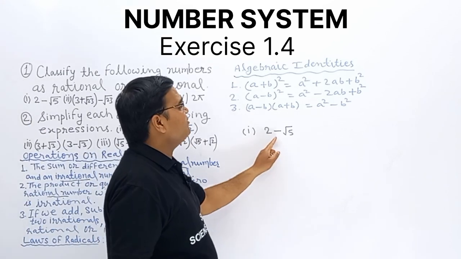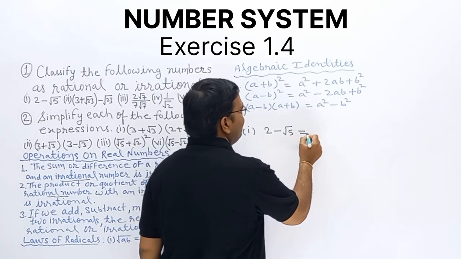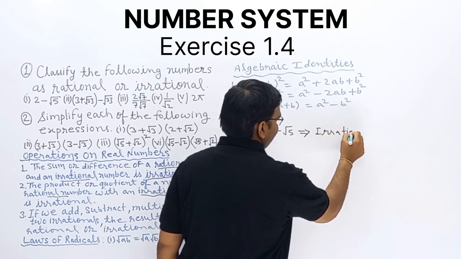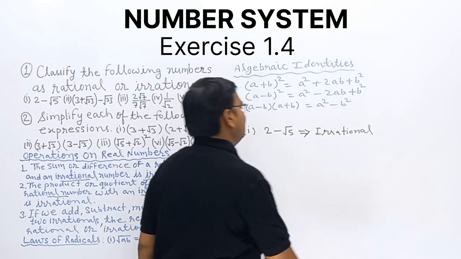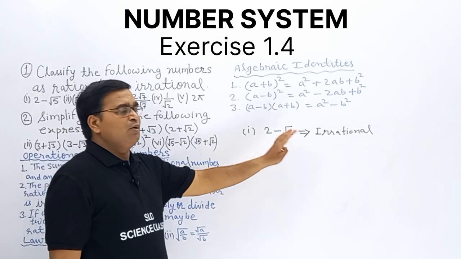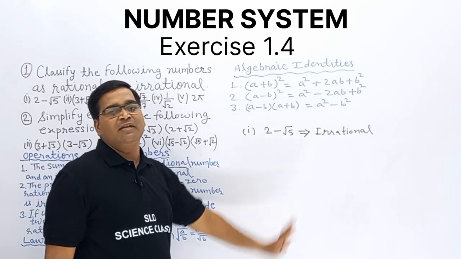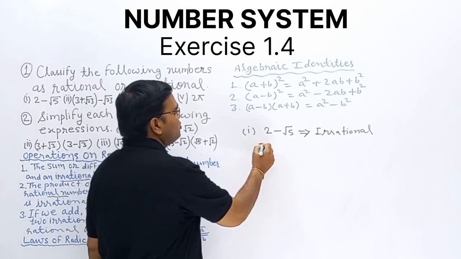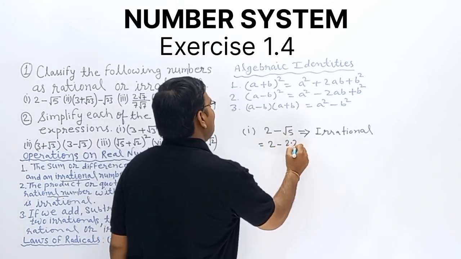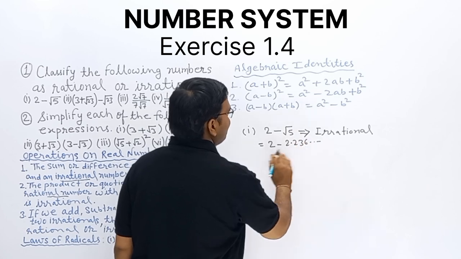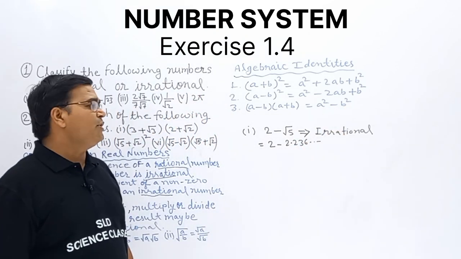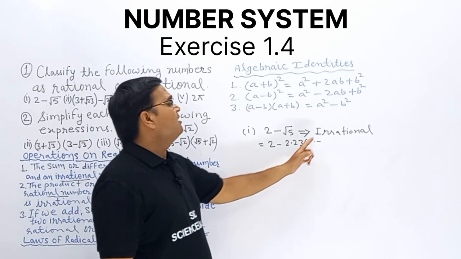So from this operation we can say the result will be irrational. This is the answer of this question. How? Once we subtract the root 5 value, 2.236 and so on, from 2, we get a non-terminating, non-repeating value.